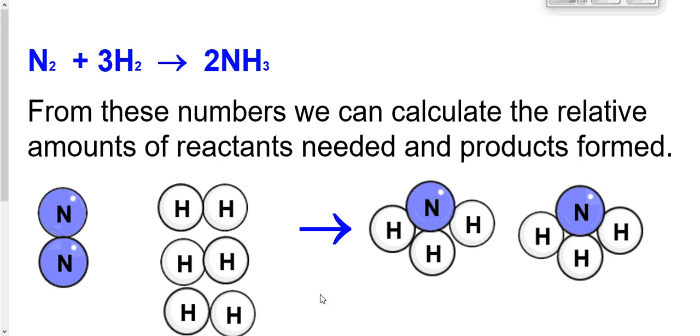Or we can multiply molecules by Avogadro's number, 6.02 x 10^23, and we can then say that 1 mole of nitrogen reacts with 3 moles of hydrogen to produce 2 moles of ammonia. Those relative relationships, 1, 3, and 2, allow us to transition from talking about the amount of nitrogen or hydrogen or ammonia we have in relation to the others.